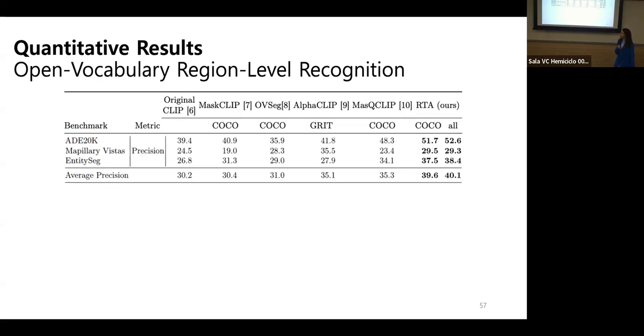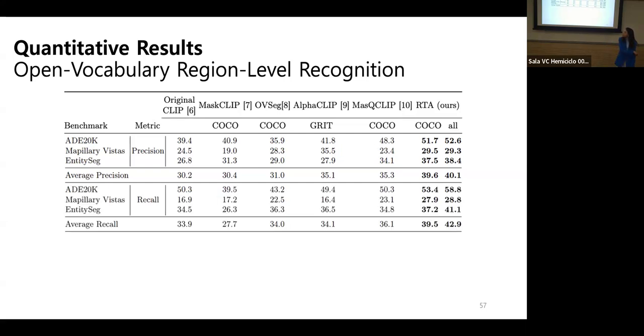We have two versions of our model, the one that is trained only on COCO and image-level image-text pair data, and the one that is trained on multiple datasets, just to see how these generalize. We are evaluating metrics related to recognition only, because we are taking as input the ground truth segments for each image.